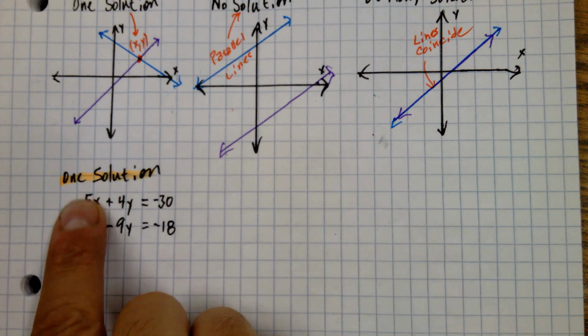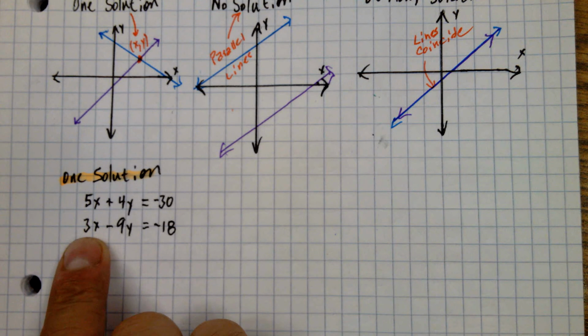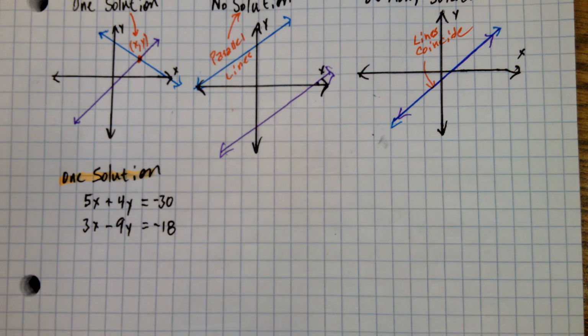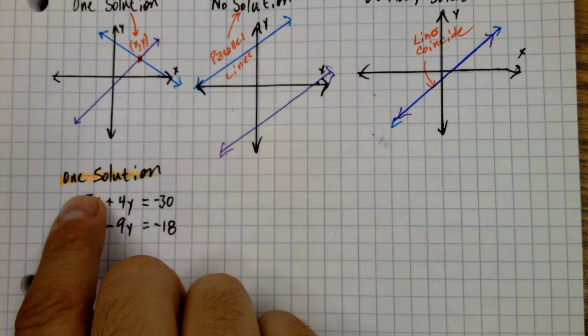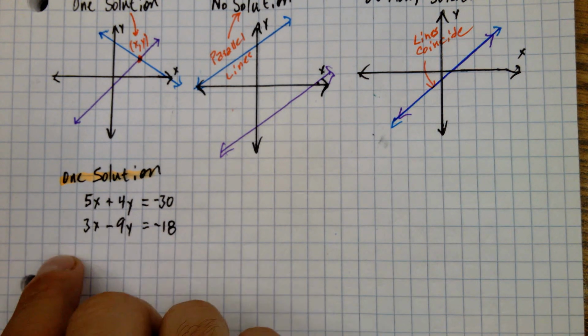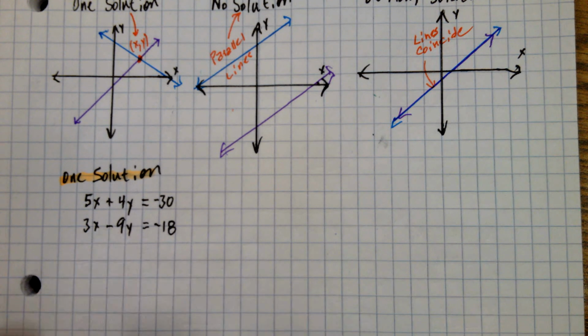Okay, so we got 5 and 3 for our coefficients. Since they're both positive, one of them has to be negative. Is there a number that 3 and 5 go into? Common number, 15. Yeah, that's going to be it. So that means we multiply the top one by 3, the bottom one by 5, and one of those two has to be negative.